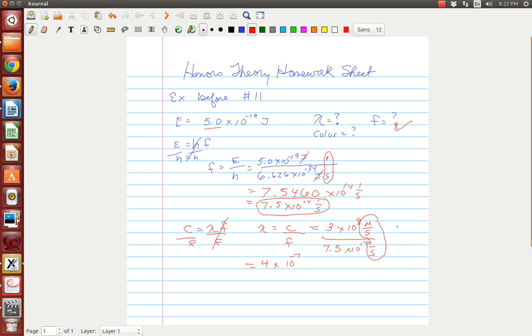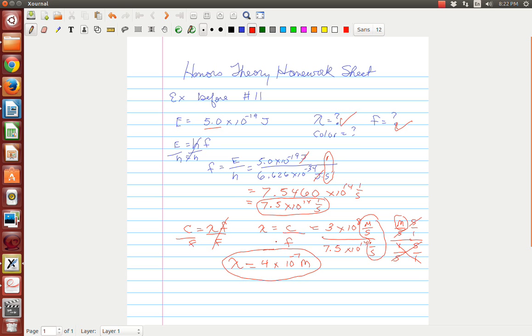What you have is meters per second divided by 1 over seconds. It's a complex fraction. To solve it, you do the inverse, seconds over 1, so you multiply the numerator and the denominator by that inverse. This cancels, this cancels, this cancels, this cancels. The only thing that didn't get canceled is meters. So the wavelength is in meters, and that answers this question.